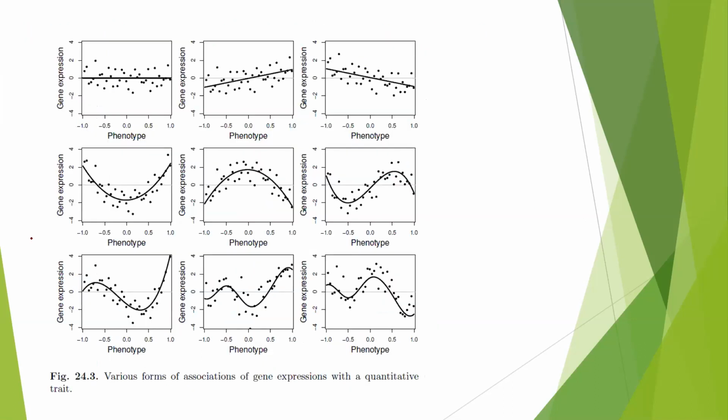Also, you can treat gene expression as a quantitative trait. Gene expression is not a traditional trait, but because it varies in a quantitative way, you can treat each gene as a quantitative trait, and you can find the genes that are associated with traditional traits.